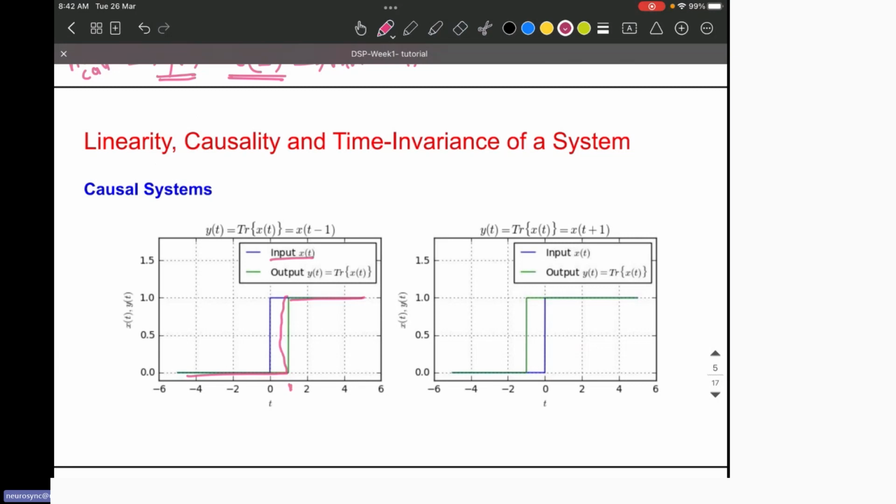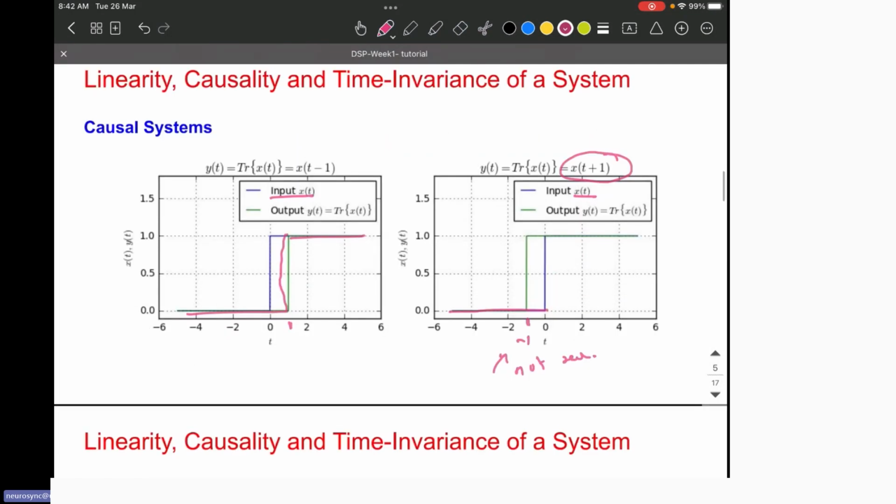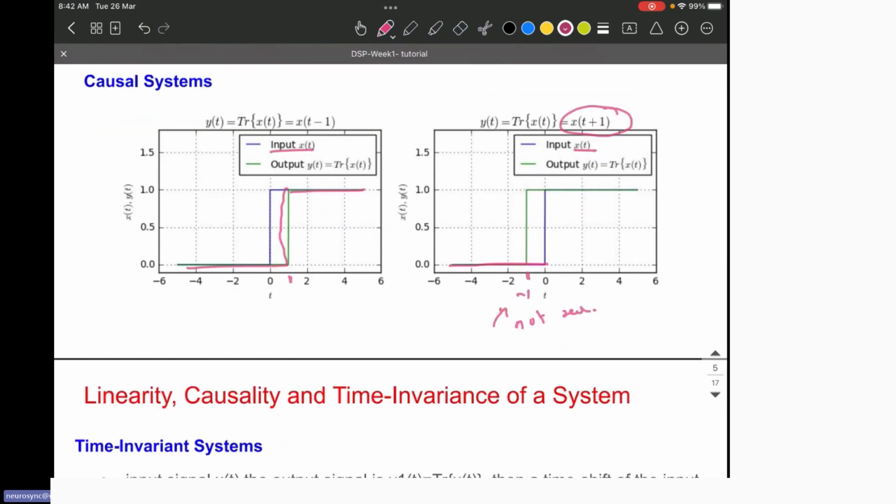The blue line is the input x of t. x of t plus 1 is what? At t equal to minus 1, this input will start, which is not realizable. So by looking at the graph also, you can say whether the system is realizable or not.